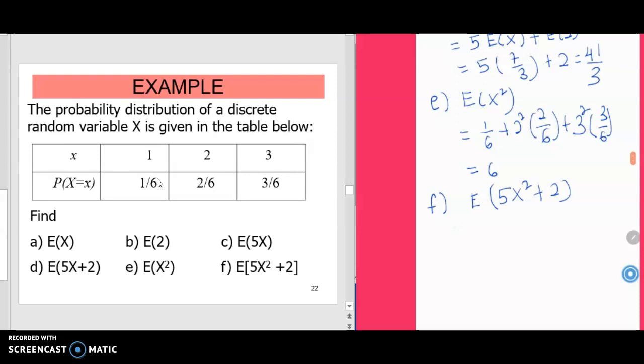So this one is equal to expectation of 5x squared, so this one plus 2. So 5E(x squared) plus 2. So yang ni kita dah kira sebelum ni. So yang ni 5 darab 6 tambah 2. This one supposed to be 32. That's all.